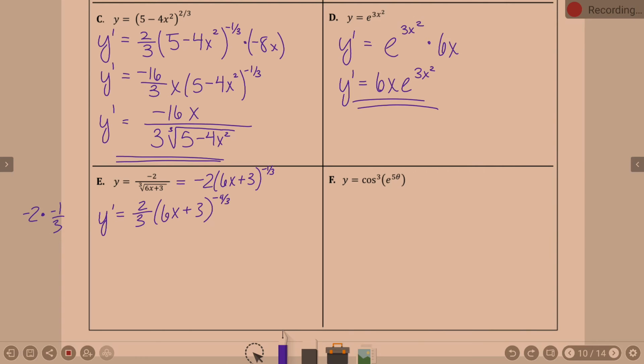Because it's going to be negative 1/3 minus 1, so negative 1/3 minus 3/3, so negative 4/3. Times the derivative of the inside. Derivative of 6x plus 3 is 6.